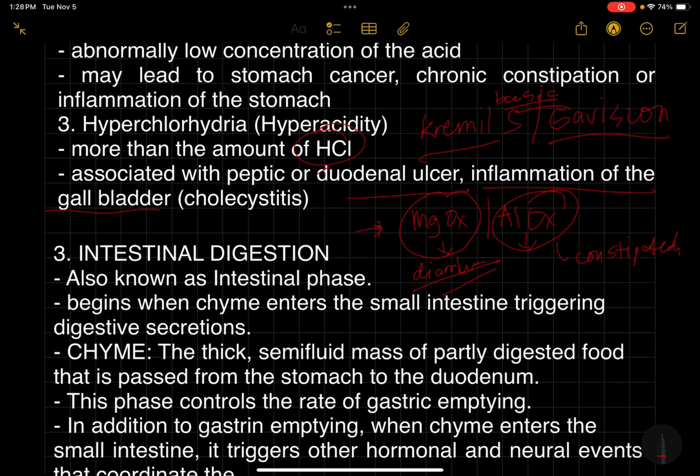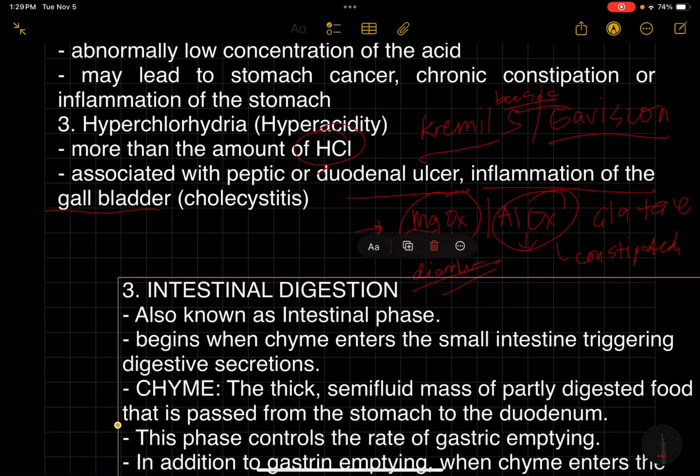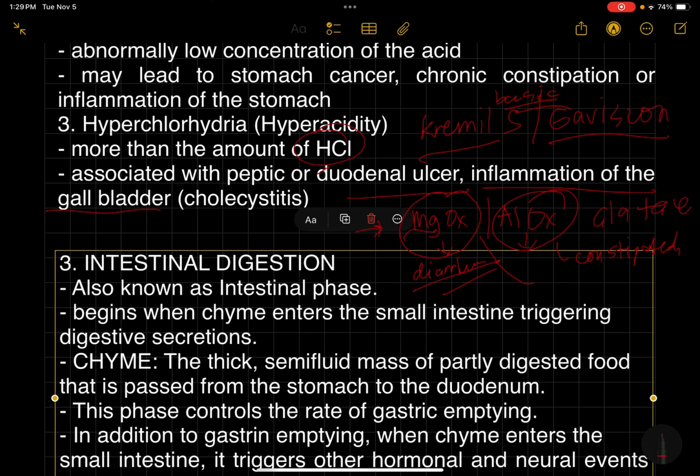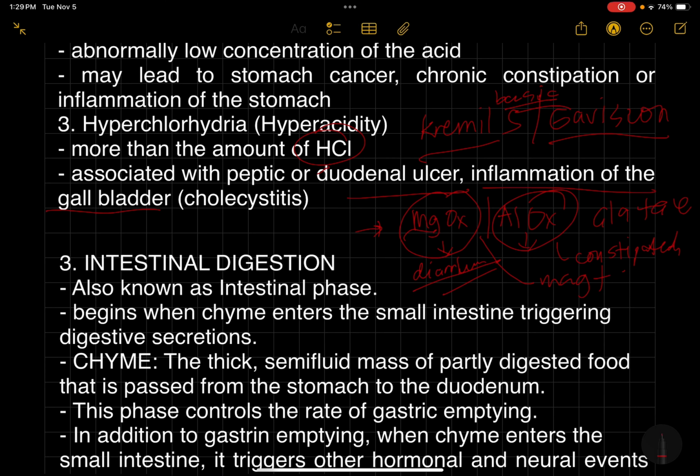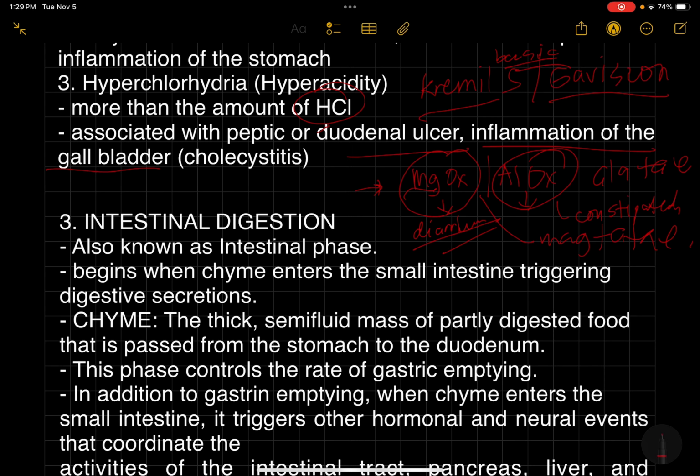Our clue is that magnesium causes diarrhea. When you drink aluminum oxide in a larger quantity, you will become constipated. So, a little bit of pharmacology for you.